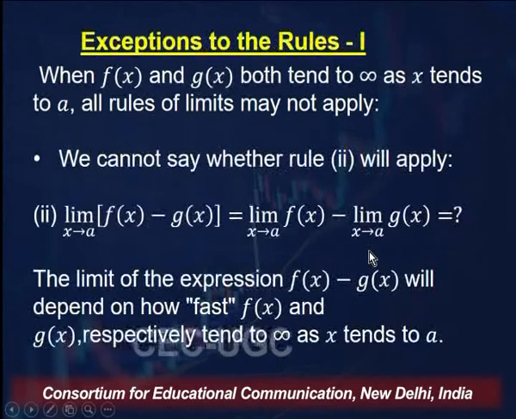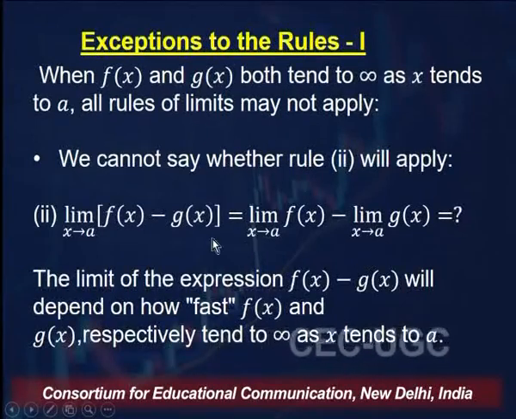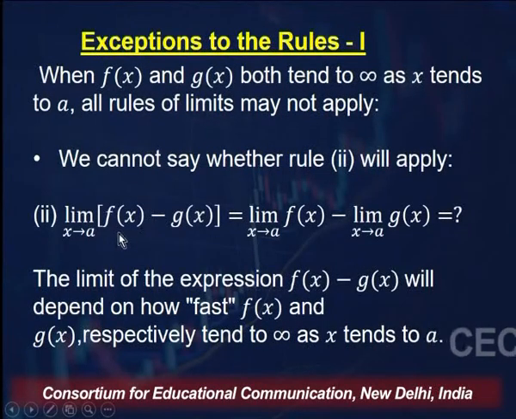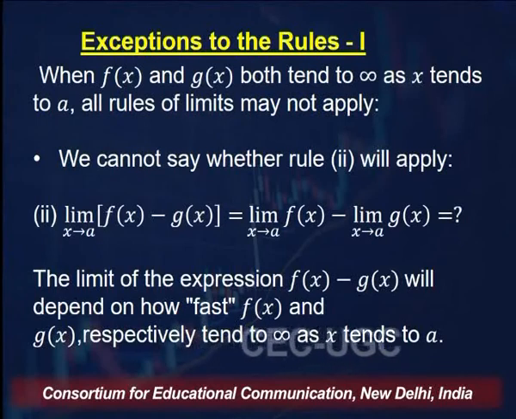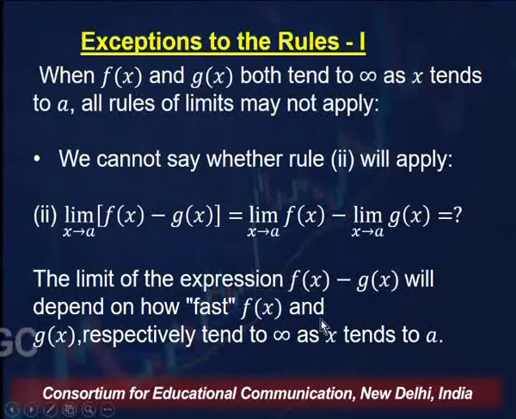The problem arises when you're looking at the difference of two functions. If I'm looking at the limit of f of x minus g of x as x tends to a, I can't say anything, because each of these functions is tending to infinity.